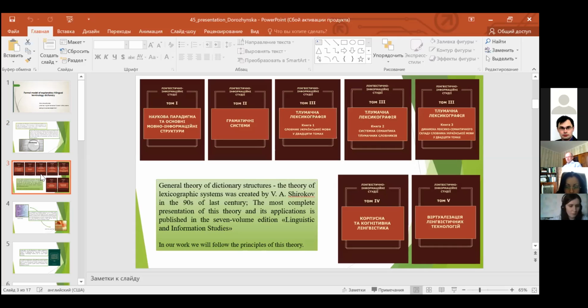In our work, we will follow the principles of this theory. On this slide, you can see Linguistic and Informational Studies.